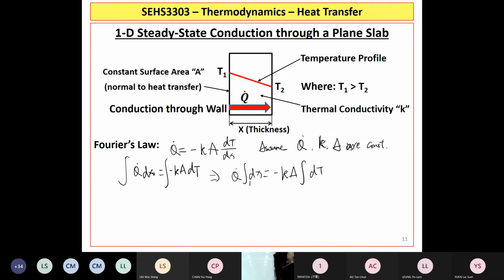From surface 1 to surface 2, right? That should be x minus 0.